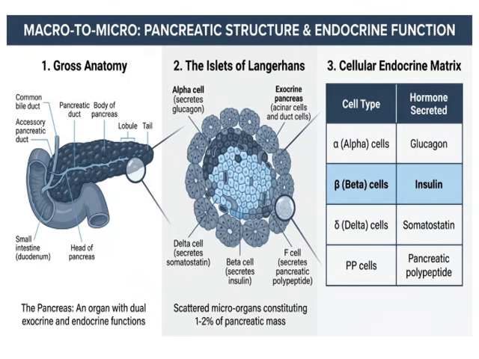The exocrine cells are acinar cells and ductal cells. So this is the whole table where you can see that alpha cells secrete glucagon, beta cells insulin, delta cells somatostatin, and pancreatic polypeptide cells secrete pancreatic polypeptide.